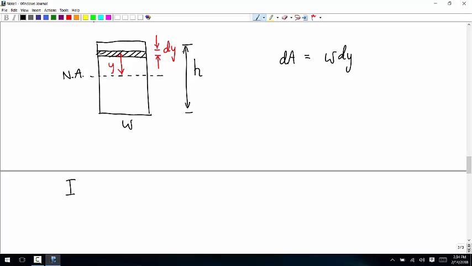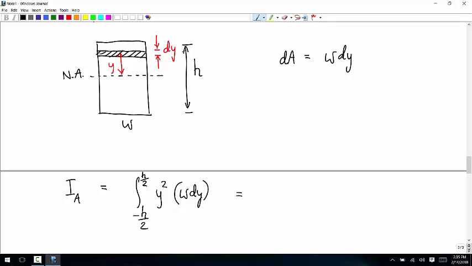And so the moment of inertia about the neutral axis is equal to the integral from a y value of negative h over 2 to positive h over 2 of y squared times dA, which is w dy.